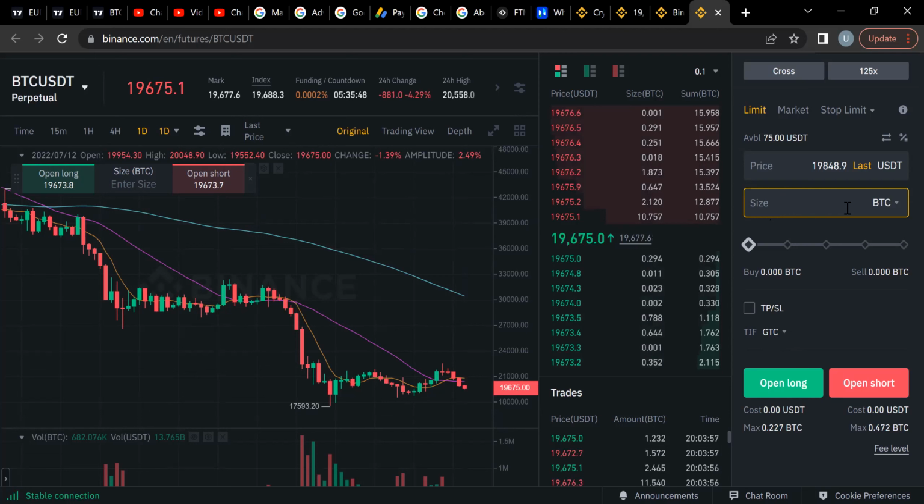If you are using mobile, you go to Futures at the bottom of your home page. At the top of that page, you see USDS-M, Coin-M, options, and leaderboard.